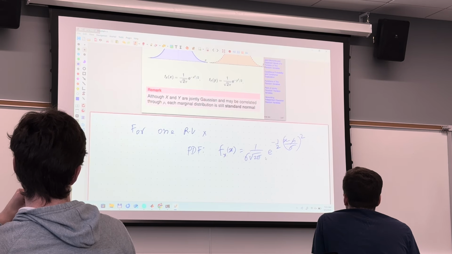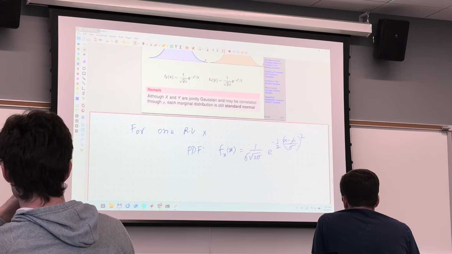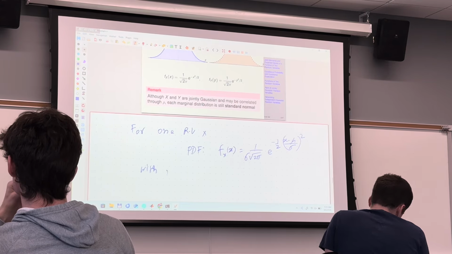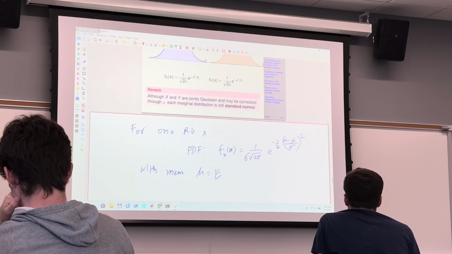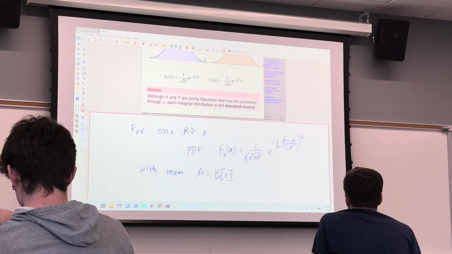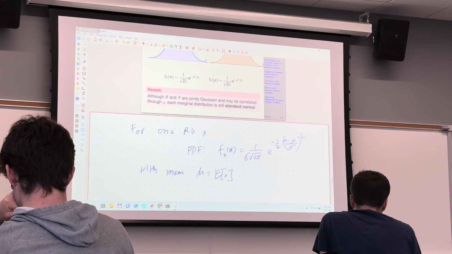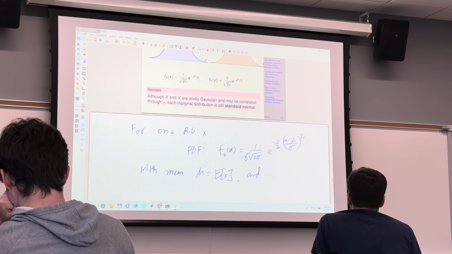This is a Gaussian PDF with mean mu, which is expected value of x, with mu representing the expected value of x, which is basically mean, and variance sigma squared. Now, can you compare this equation and this equation?